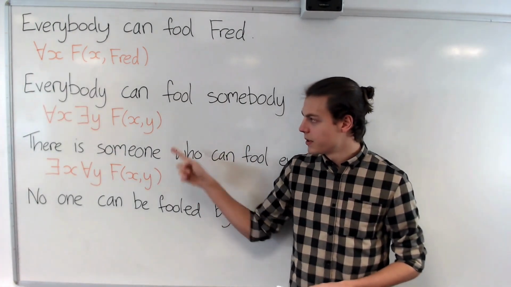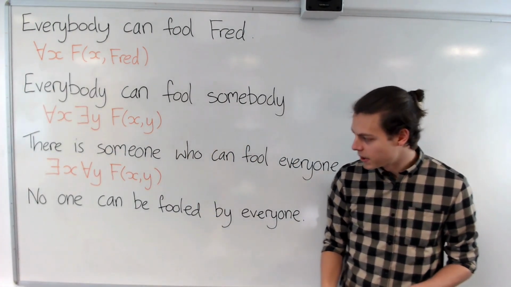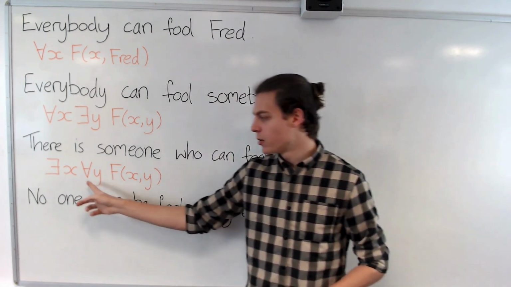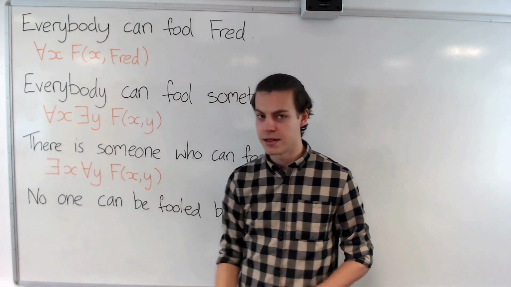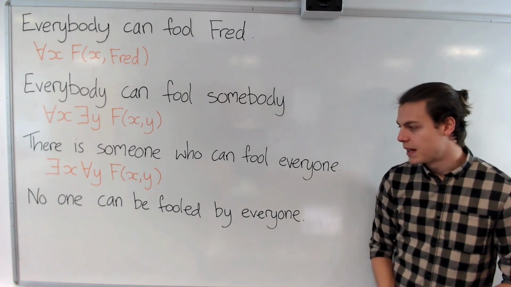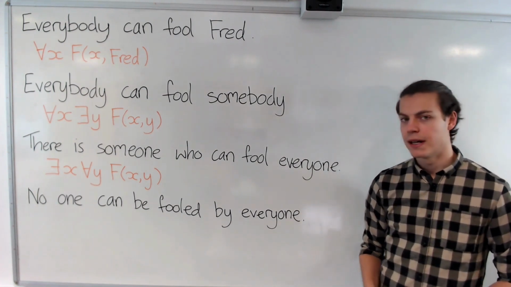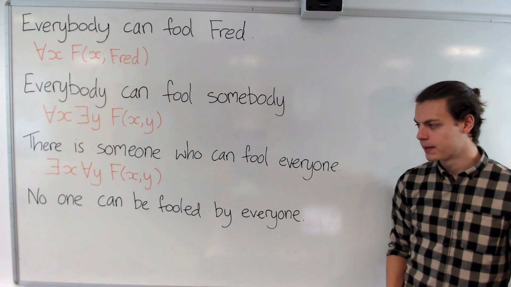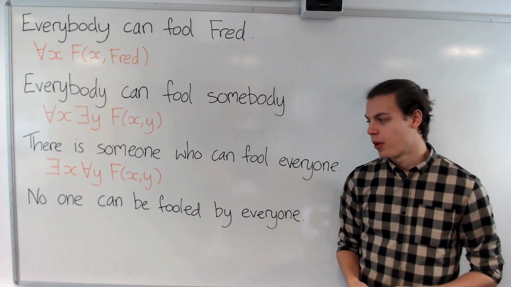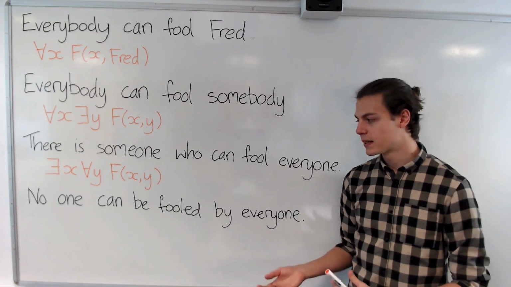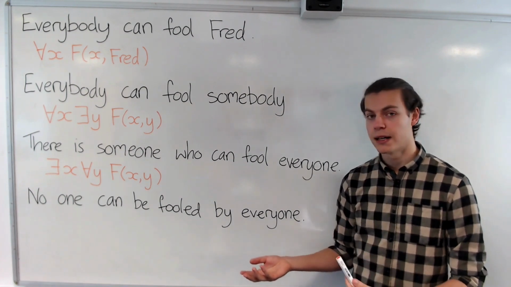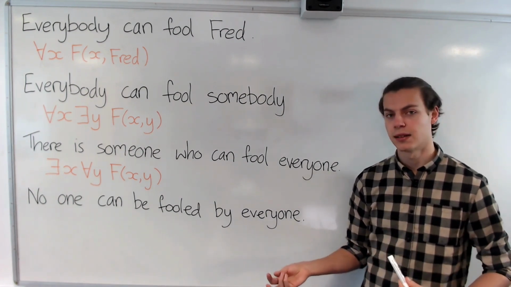Notice that these two formulas look very similar, but they are very different. Changing the order of the quantifiers changes the meaning of the statement. Our final statement says, no one can be fooled by everyone. So we could say it is not the case that there is some person x such that for all people y, y can fool x.